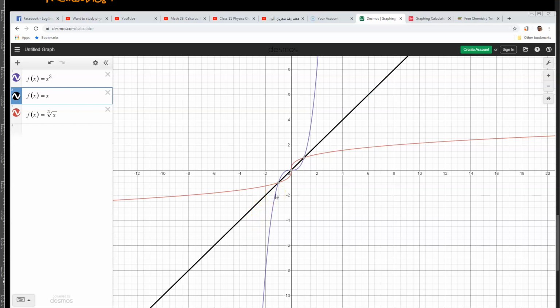And what that means is that when the graph of a function is symmetric about this line, then you can actually get the equation of the other function by taking the x and y coordinates of all the points on the graph of the first function, interchanging them, and then taking x as y and y as x, and then that way you will be able to get the equation of the second function, right?